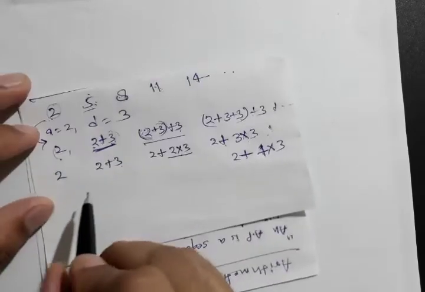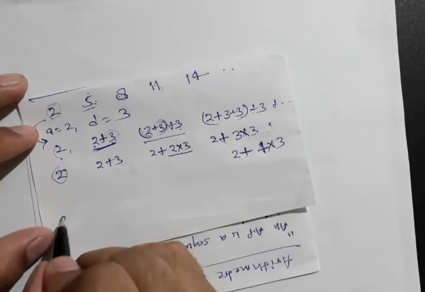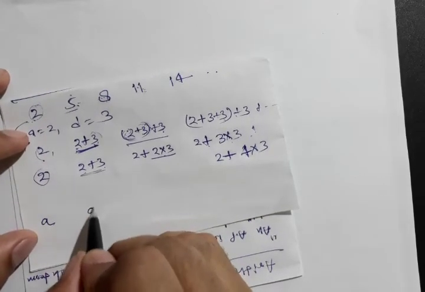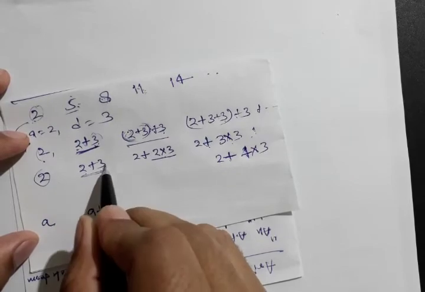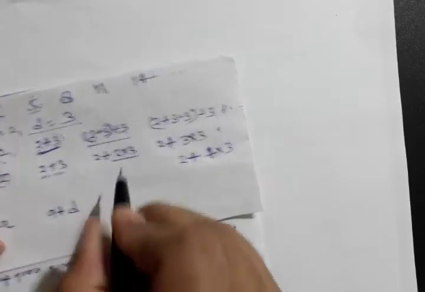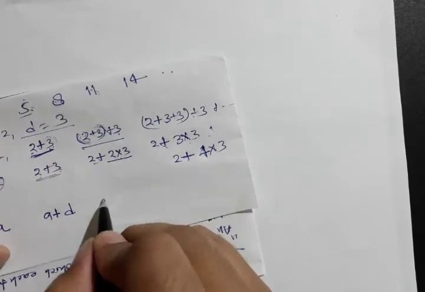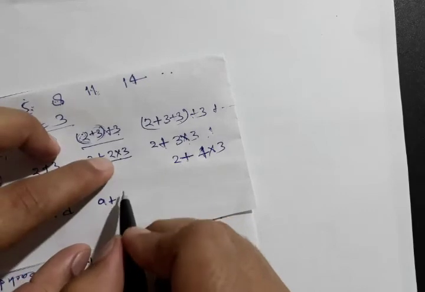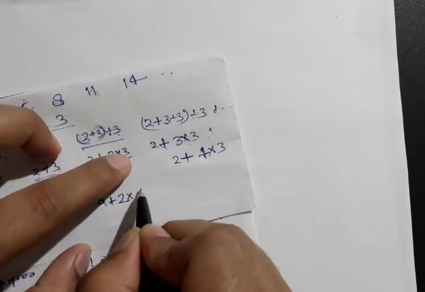So what is our 2? 2 is our first term, that is A. The second term can be written as A plus 3, and what is 3? Our common difference. So A plus D. Again this one: A plus, this 2 is our A, plus 2 into, and what is this 3?